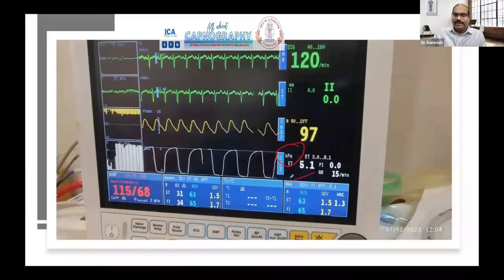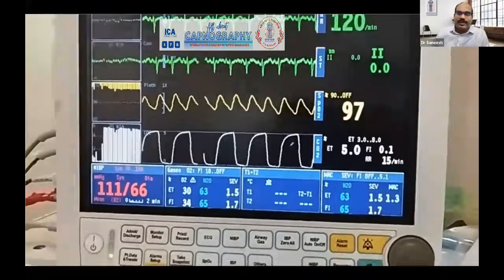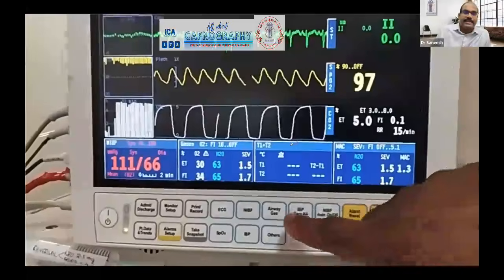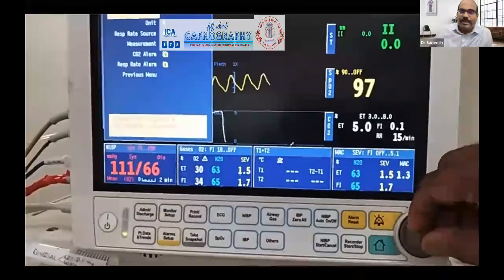So you don't just check for an EtCO2 of around 35 to 40 every time. Do look at the unit nearby, because our monitors are equipped to give values in millimeters of mercury as well as kilopascals and percentage. If you watch this video closely, I can change the unit from here, from percentage to millimeters of mercury.